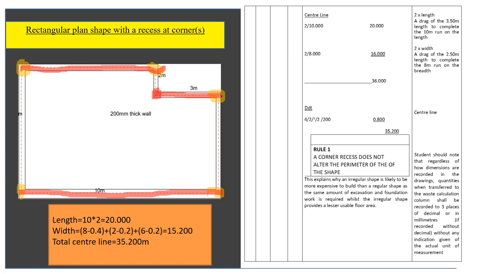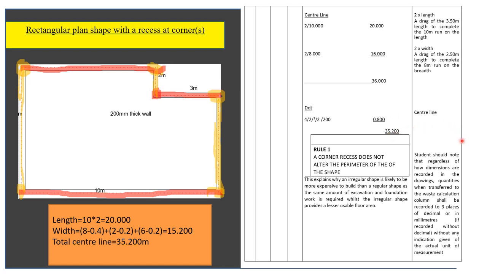For the width, this one is 8 meters externally, then we have these 2 meters here marked with yellow, and these 6 meters here marked with yellow, so that it can form another 8 meters. So we shall get the total perimeter is 36. 36, we deduct 4 corners times 0.2, 0.8. So we shall get the total center line is 35.2.